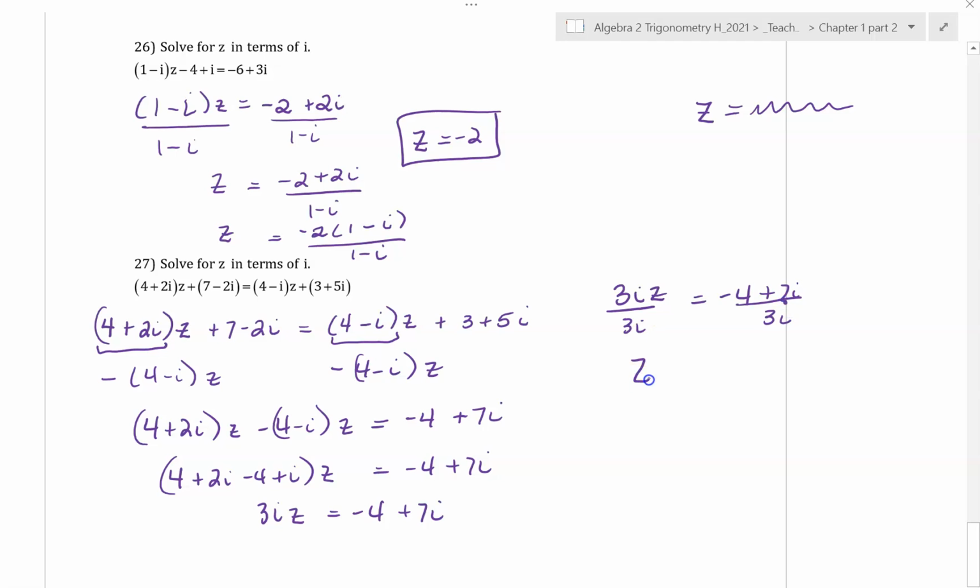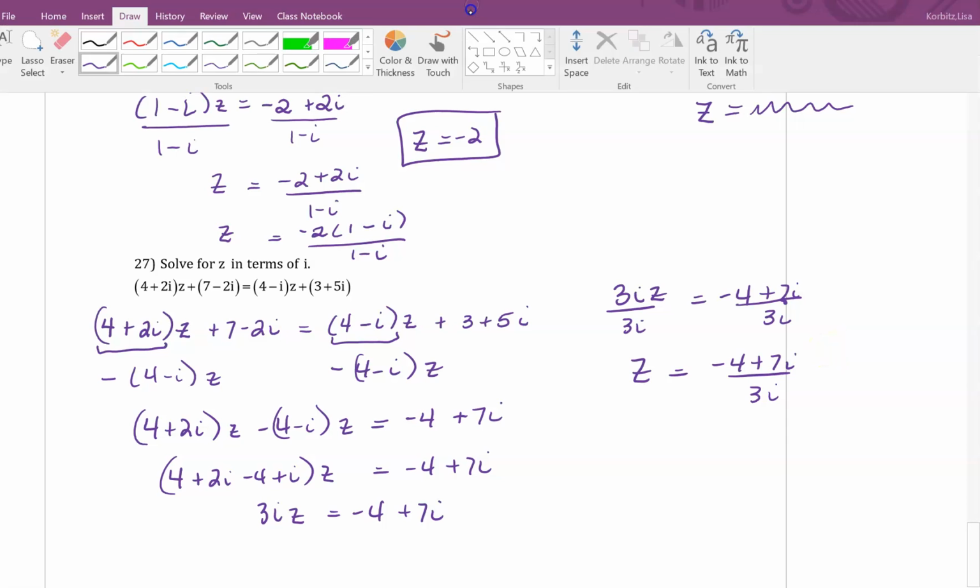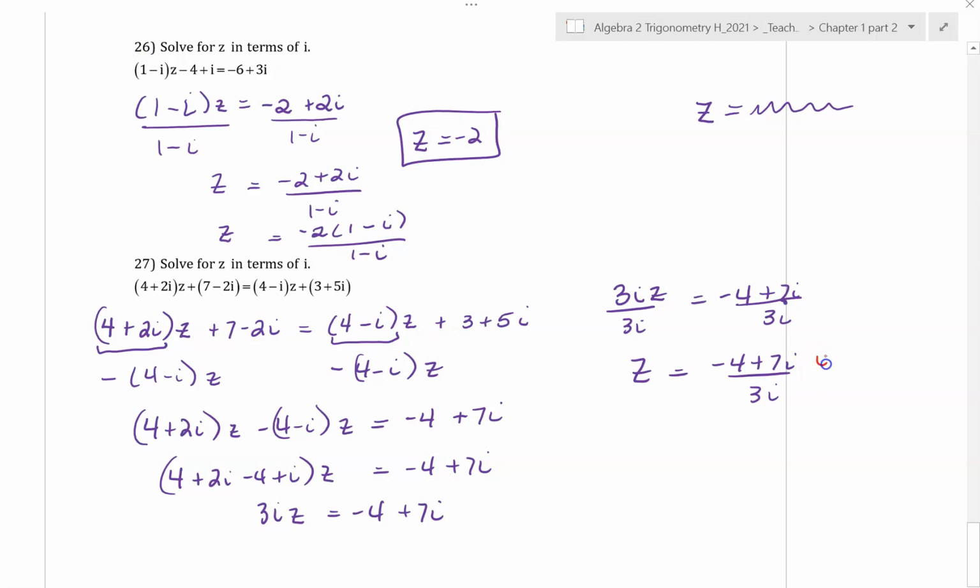Now here's the only problem. You can't leave the i in the denominator because it's a radical. So remember, you can't change the value, but you can multiply by a form of 1.